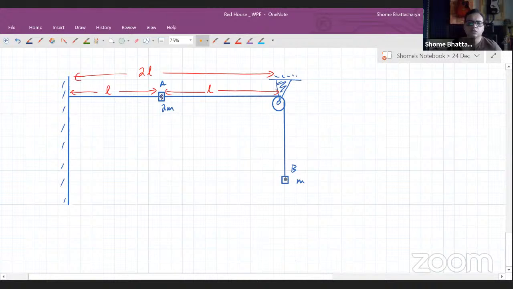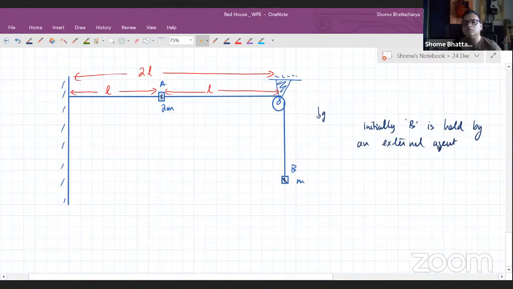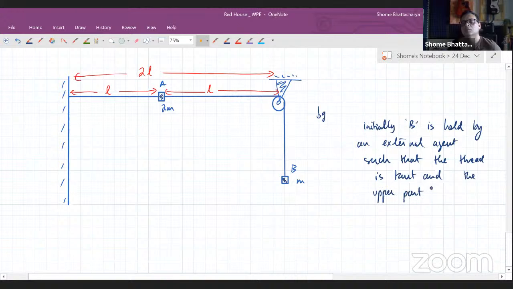Okay, so initially you're holding the block B with the thread such that this part is horizontal. So initially B is held by an external agent such that the thread is taut and the upper part with A is horizontal.